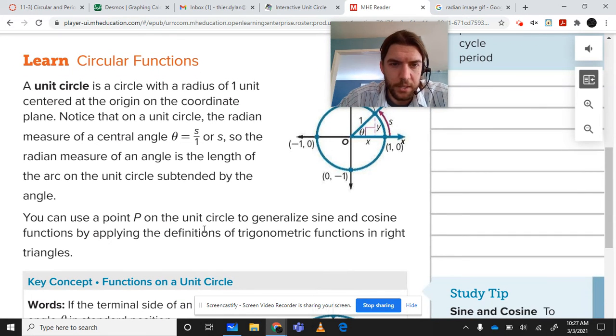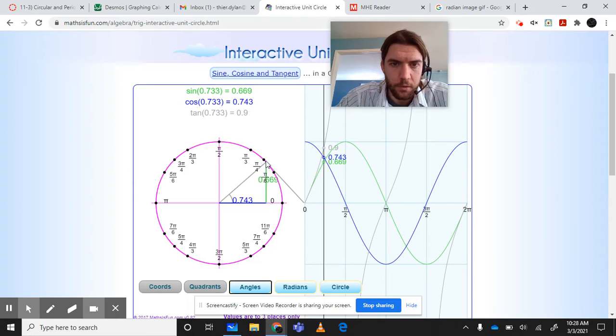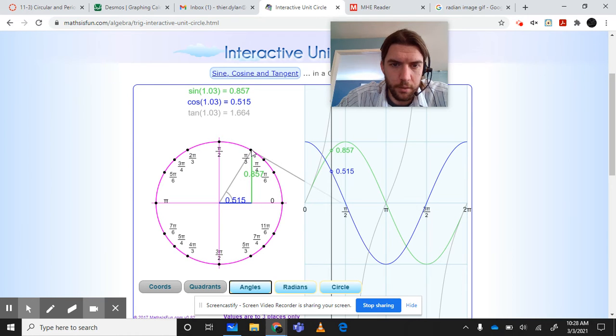You can use a point P on the unit circle to generalize sine and cosine functions by applying the definitions of trigonometric functions in right triangles. So what they mean is, once you have a point on your unit circle, for example, the point right here, the coordinate of the little dot where my mouse would be, 0.5, comma 0.866.